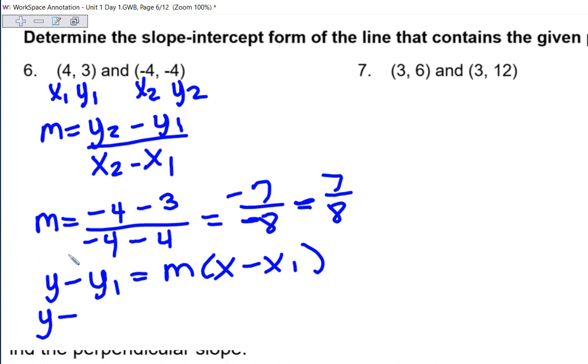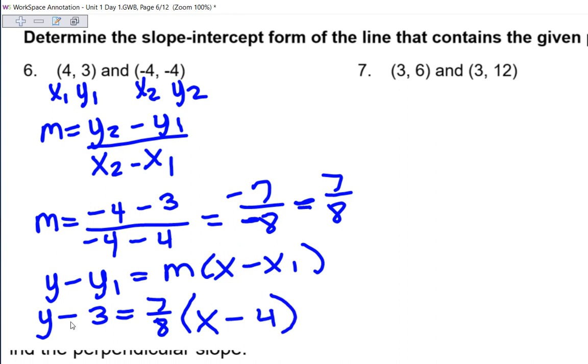Drop down to y. What do I put for y1? 3. What do I put for m? 7/8, that's what we just solved for. Put your parentheses and then x minus x1, what do I put? 4.